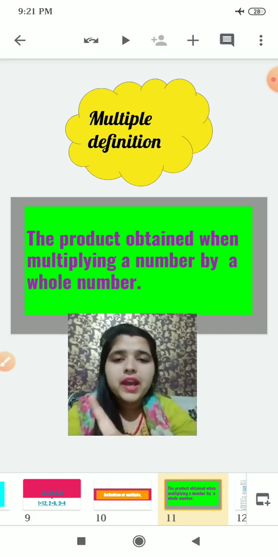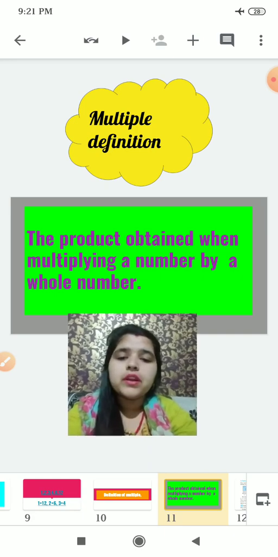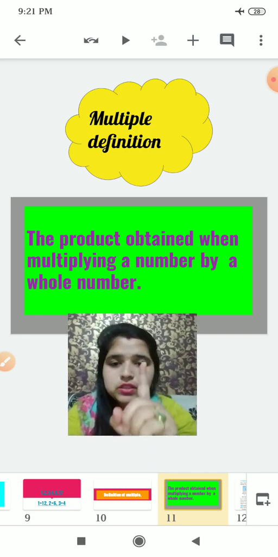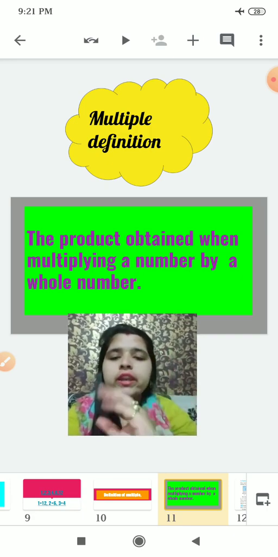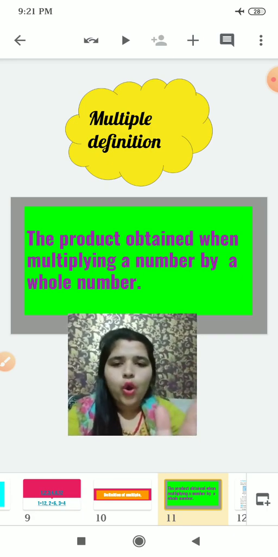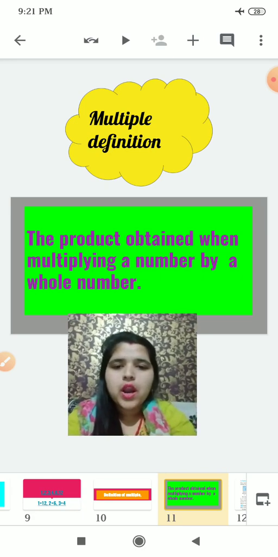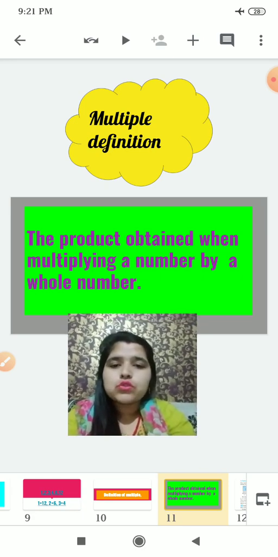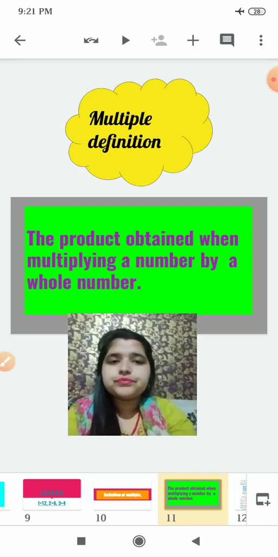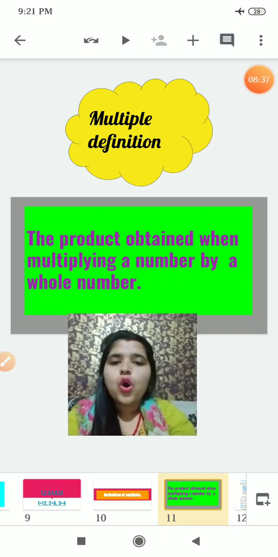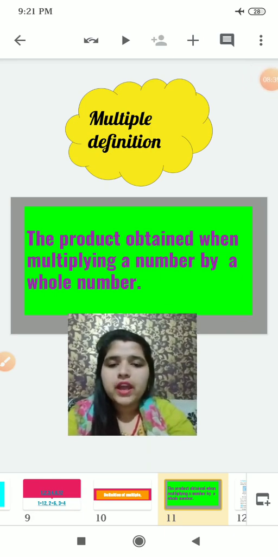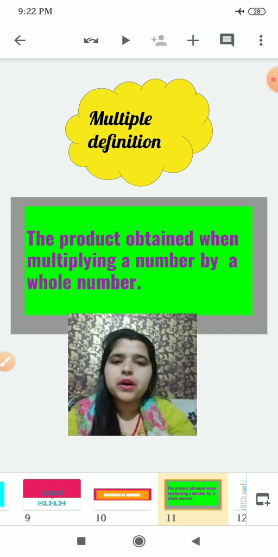When we are multiplying a number by a whole number, it means when we are multiplying it by 0, 1, 2, 3, 4, any of the number and so on, that will be a whole number. Okay, so we can say, just repeat after me, the product obtained when multiplying a number by a whole number.